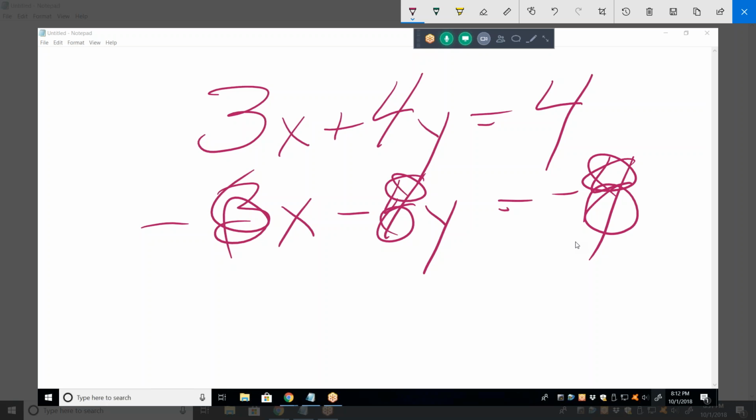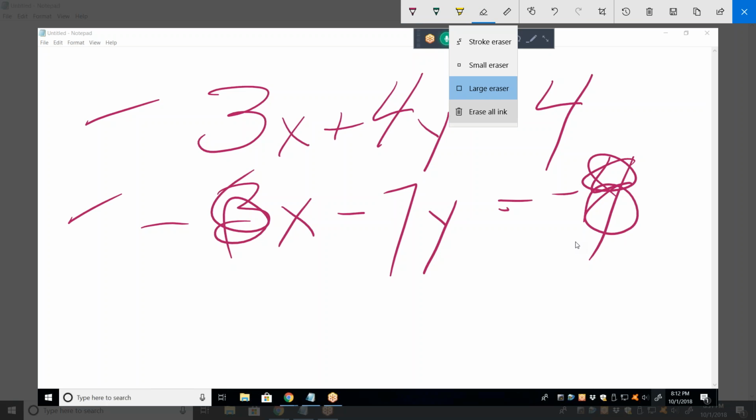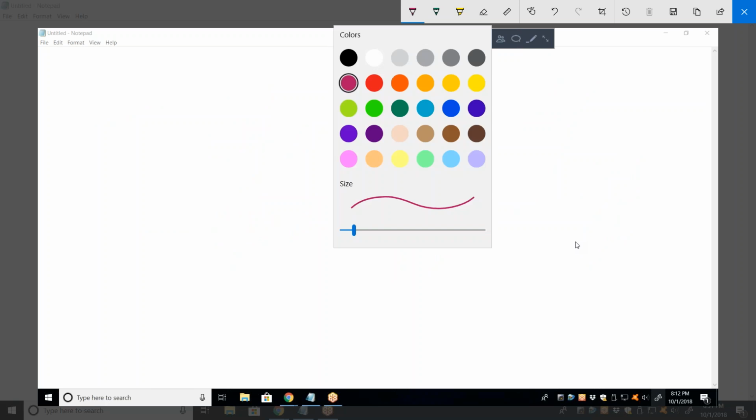Okay? If I make this 8 a 7, now it's not the same equation. There's no way I can take the first equation, multiply it by a certain number, and get the second equation. That's the key. If you have different equations, and the same thing, here.